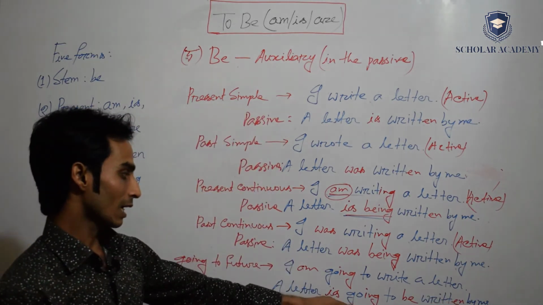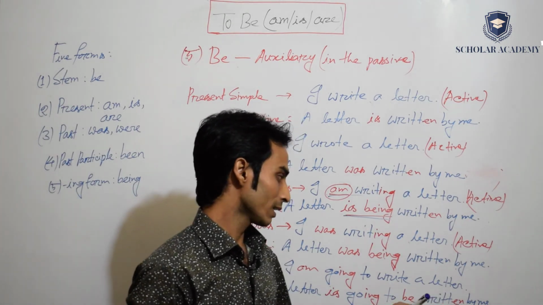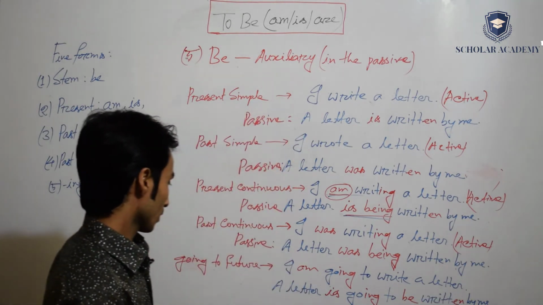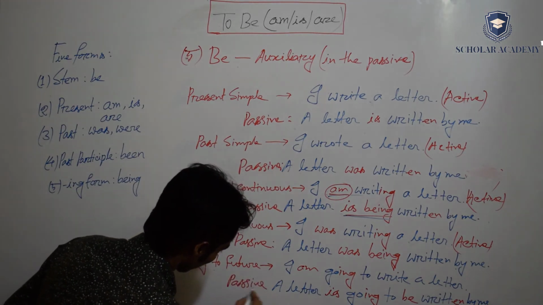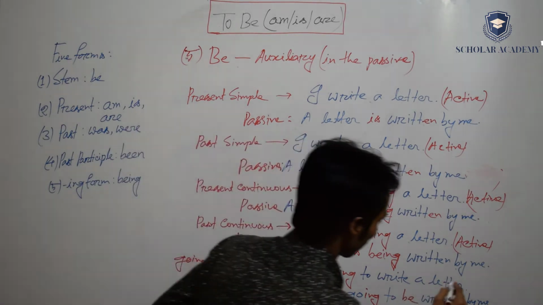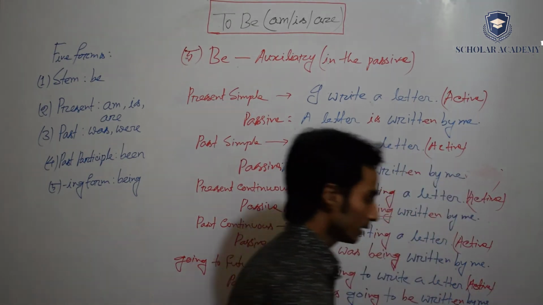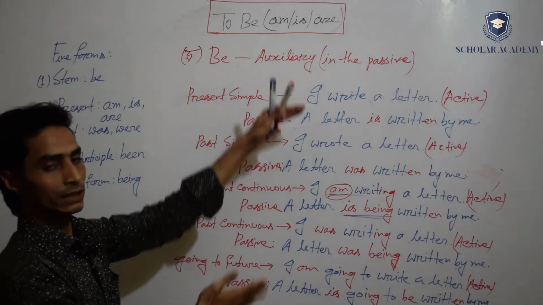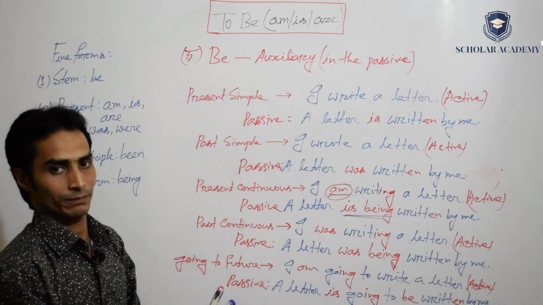That means going to is followed by be and the past participle. In this way we can transfer active sentence into passive.